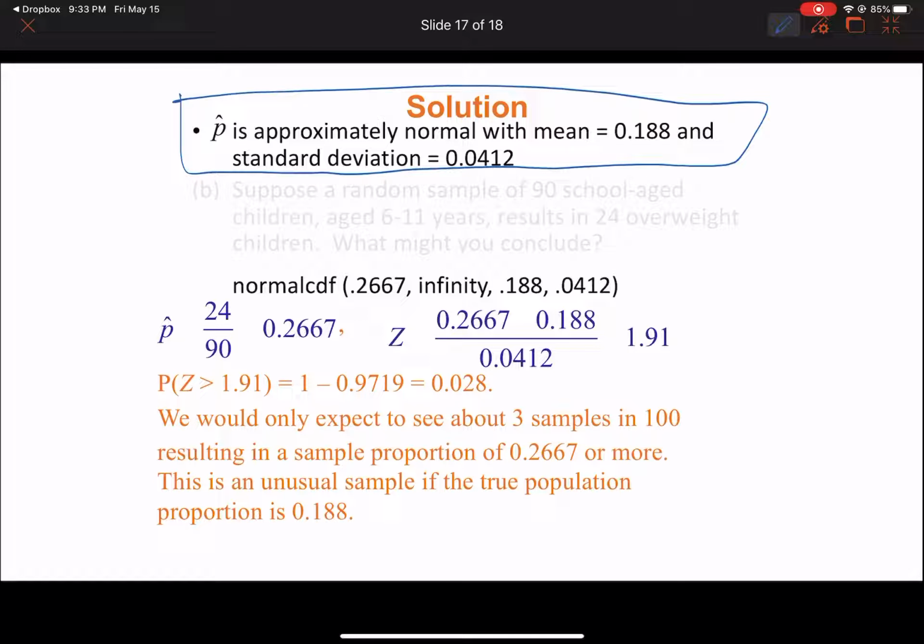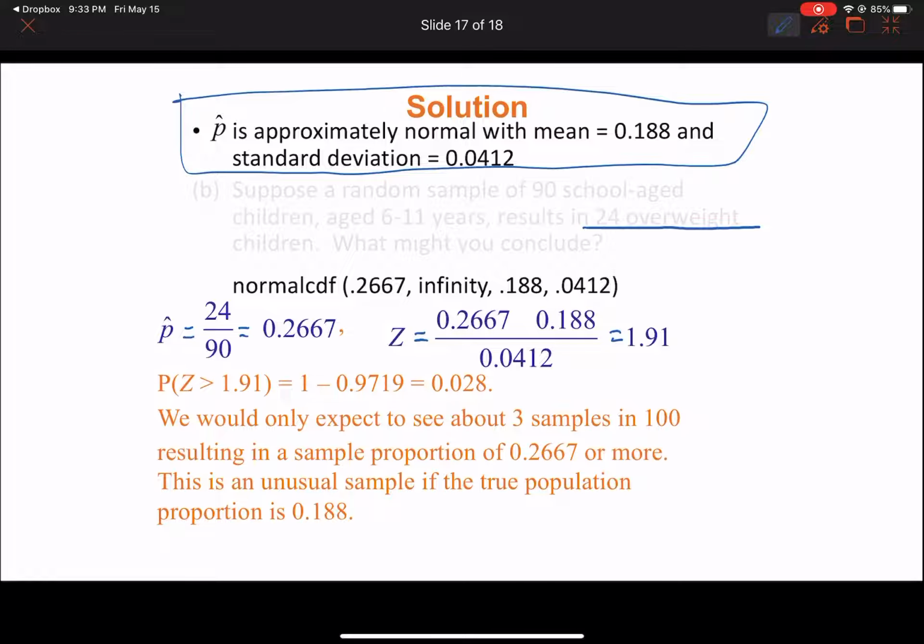What I want to know right now is, we took a random sample of 90 school-age children, ages 6 to 11, and 24 were overweight. We want to know what we might conclude. In this case, I need my p hat.